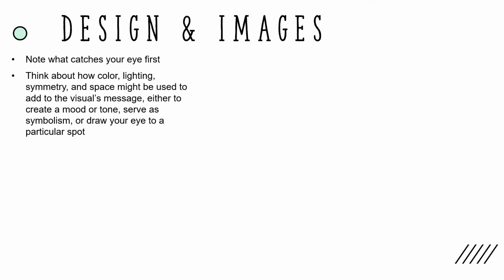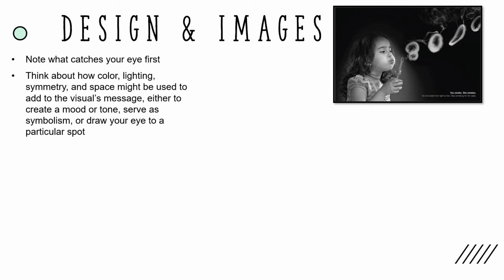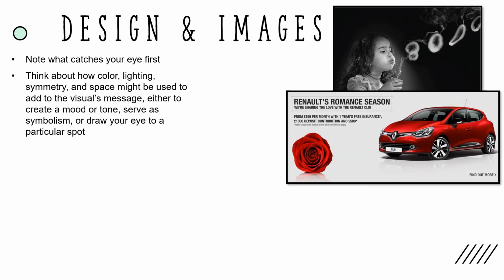For example, the use of dark colors could give the visual a somber mood. The color red in a Valentine's Day advertisement might symbolize roses, hearts, or love, and stark contrasting colors or open spacing in the design may be used to draw your eye to an image or line of text.